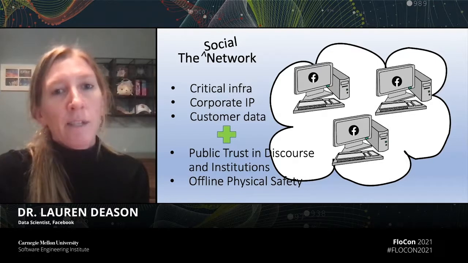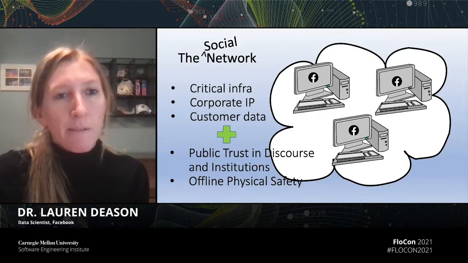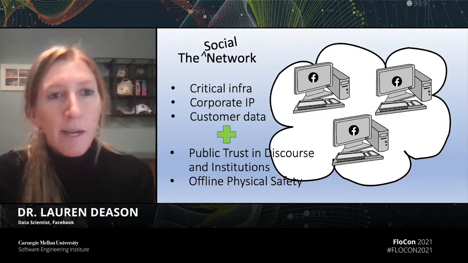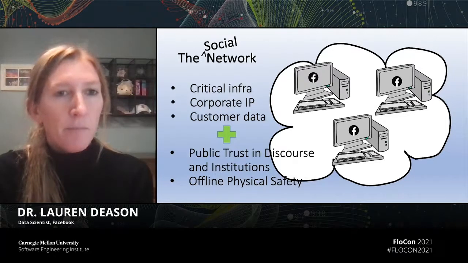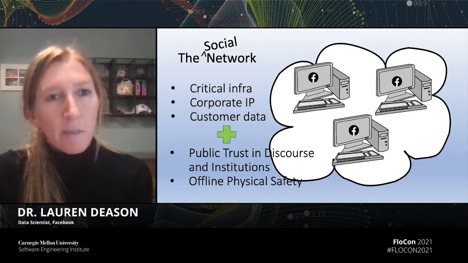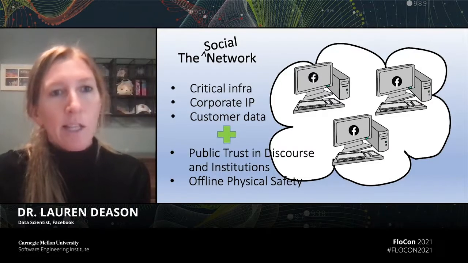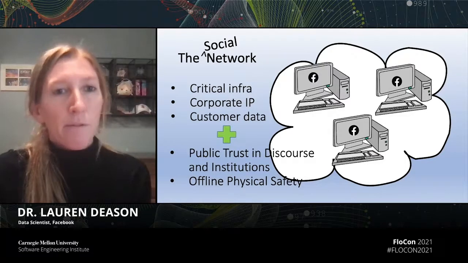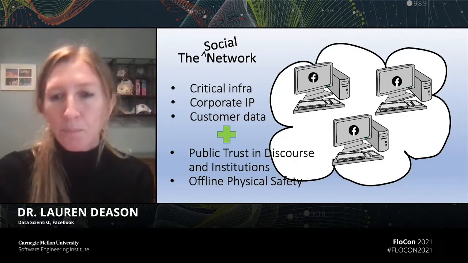We also are very concerned about offline physical safety, which is something that can come into play from on-platform behavior, including hate speech or explicit incitement to violence, or things like human trafficking and child exploitation, which have very immediate and very real offline physical consequences.